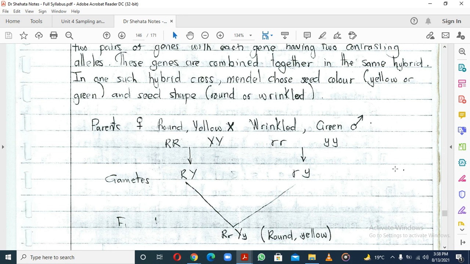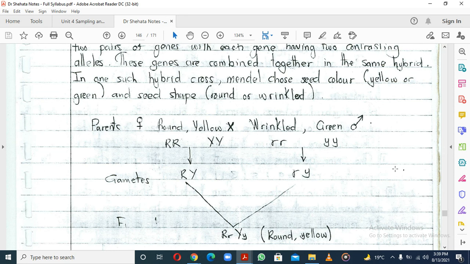So now these ones were homozygous for all their traits, and you know capital R shows that it's dominant for what? For a round shaped seed. Then small letter r is of course recessive, so that's for a wrinkled seed. It means that this lowercase r can only produce the phenotype when it's what?